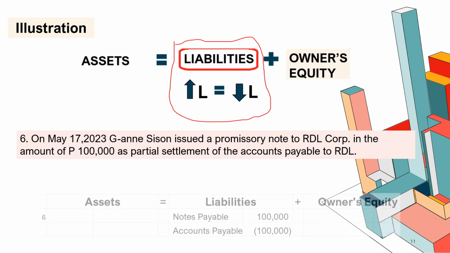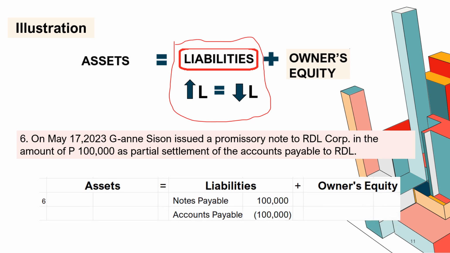If you put that in our accounting equation, under the assets, no entry. Under liabilities, we have two items. The notes payable, we have an increase of 100,000, and then our accounts payable will be decreased, because this transaction pertains to an increase in liability and a decrease in another form of liability.